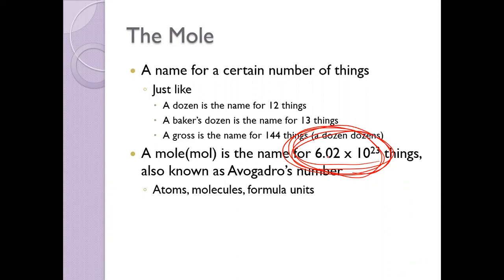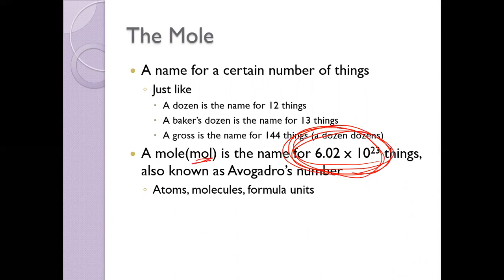And so we as chemists have checked this number over and over again, now that we have much more technology than Avogadro had back hundreds of years ago. And he was right. And so we use this number, 6.02 times 10 to the 23, to identify the number of atoms in what we call 1 mole.